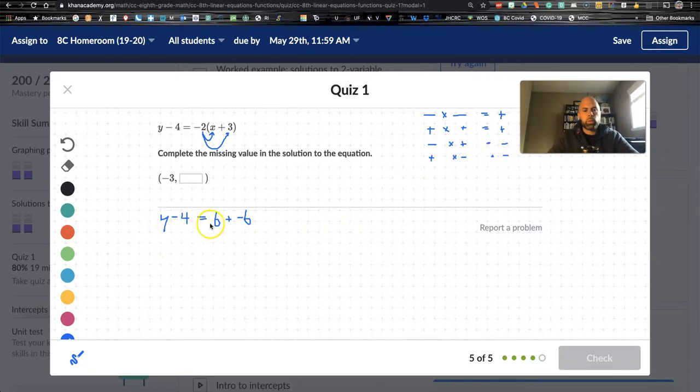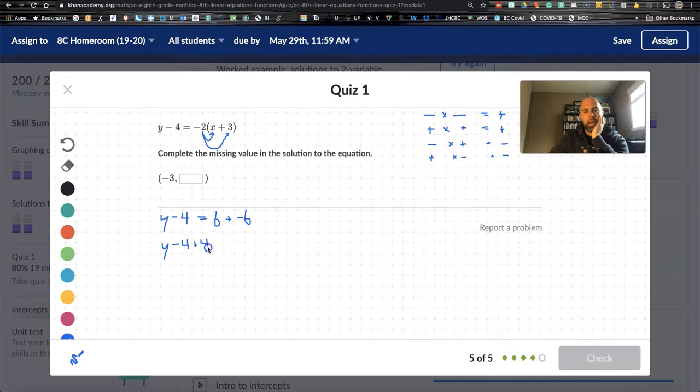So we've got y minus 4 equals 6 plus negative 6. Those are going to cancel out. Interesting. I think I can see the solution happening here. So let's get rid of this 4. Let's put it to the other side, and we'll do that by adding a 4, right?